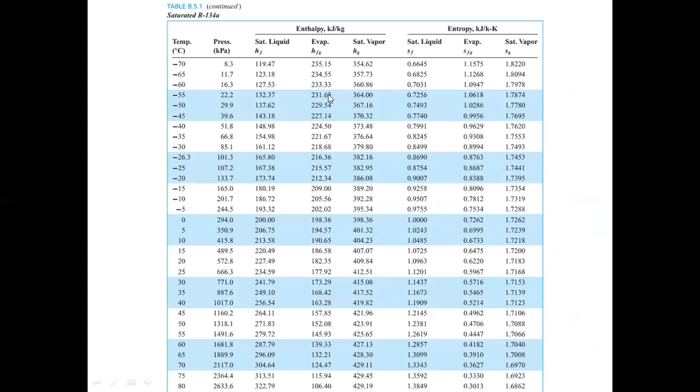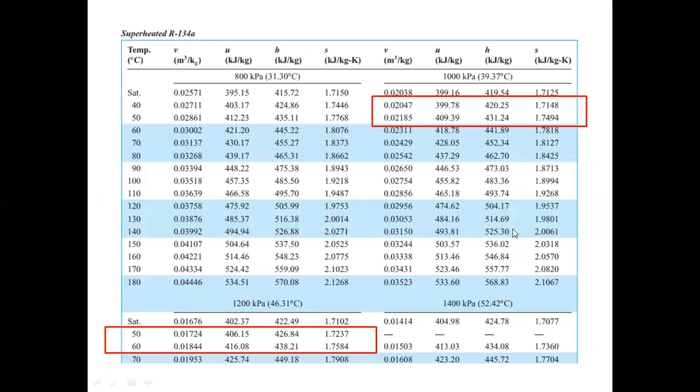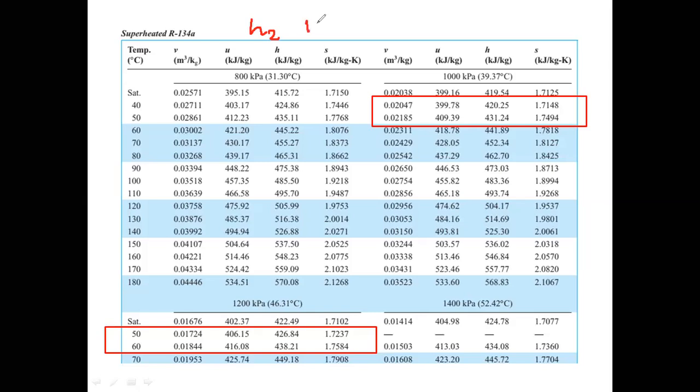What we have to do is calculate the enthalpy value, that is H2, corresponding to 1017 kilopascal, that is P2, and 1.7395 kilojoule per kg Kelvin, that is S2.